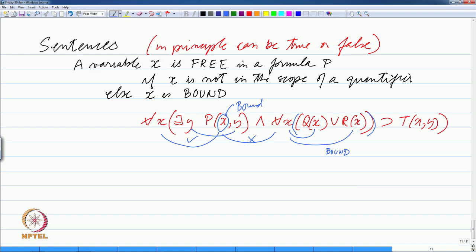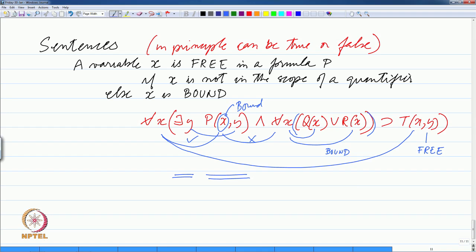This x, the last x that we have, is also bound by this, but this last y is free, because the scope of the existential quantifier there exists y extends only up to, in fact, this one. The scope of this y is only up to p x y. That is why this last y is free.